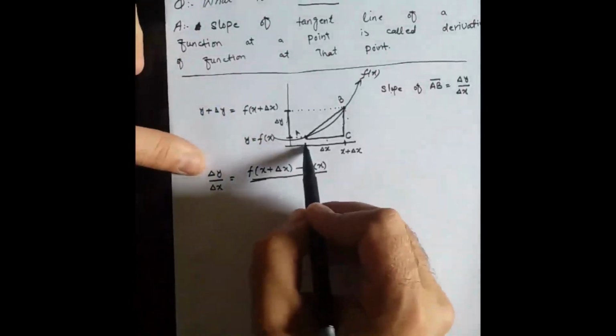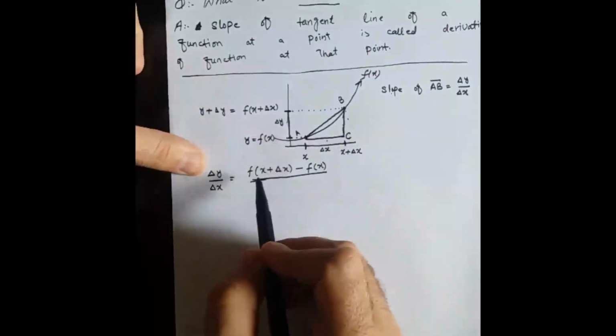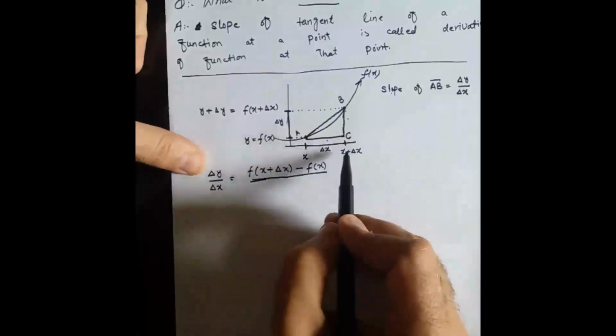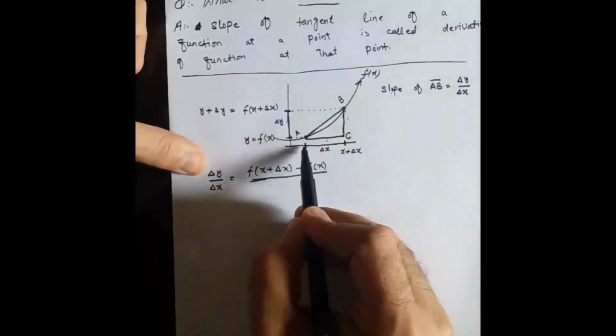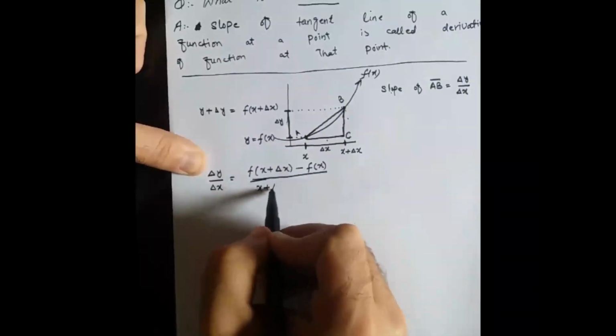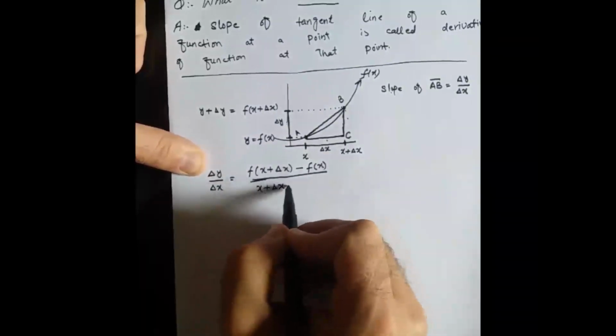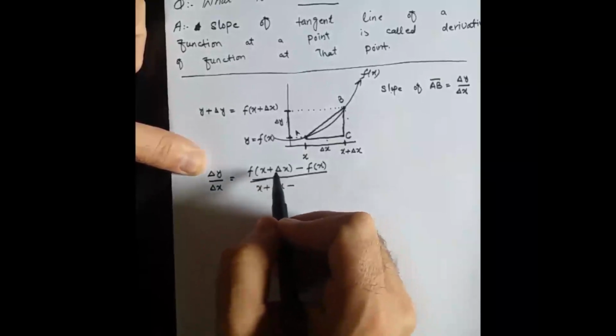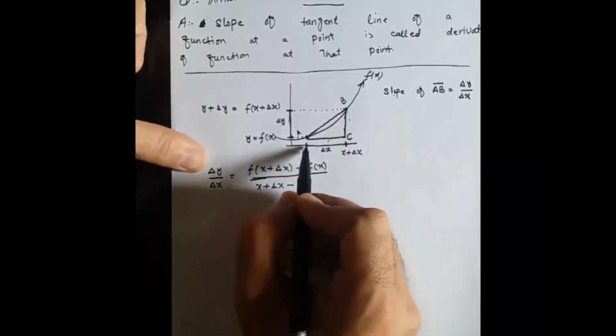This distance by the distance formula is this point minus this point: x plus delta x minus x.